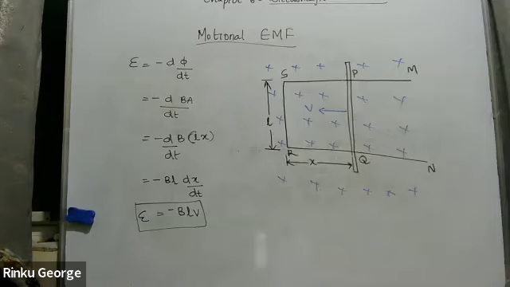Consider a rectangular frame MSRN in which the conductor PQ is moved perpendicular to the magnetic field.